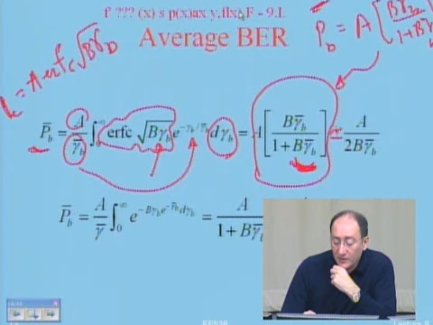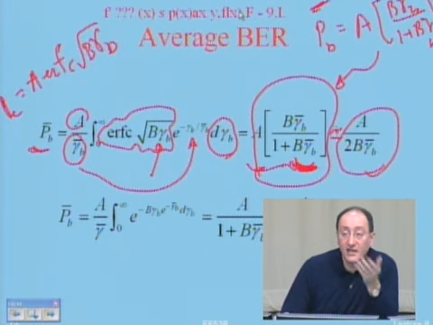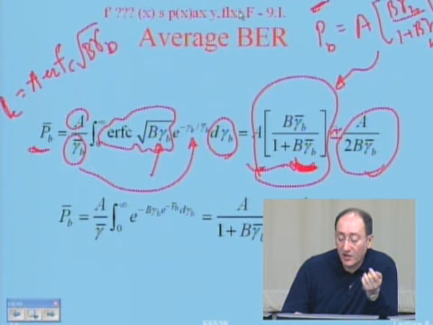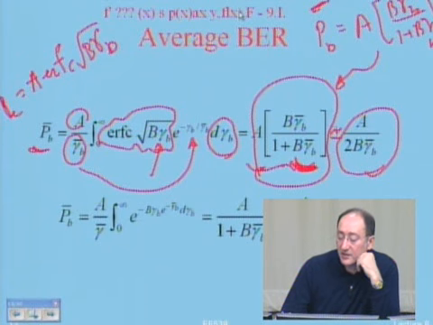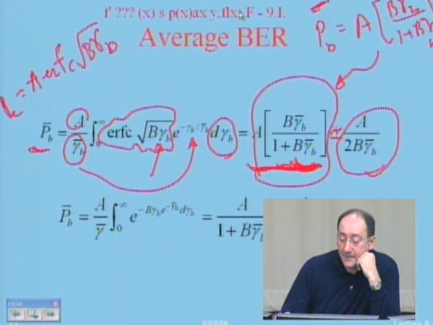But anyways, if you do the Taylor series expansion of this, you can approximate it to this thing: it will end up to something like A over 2 B gamma sub B bar. Or you can keep it like that, either way. So that's the first one.